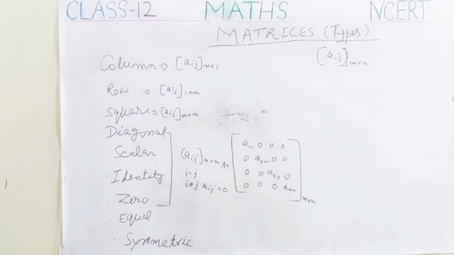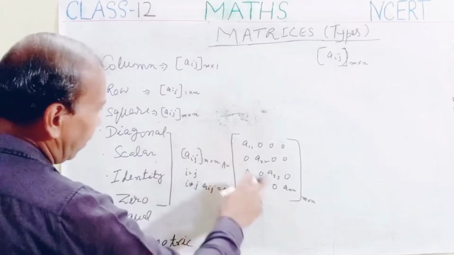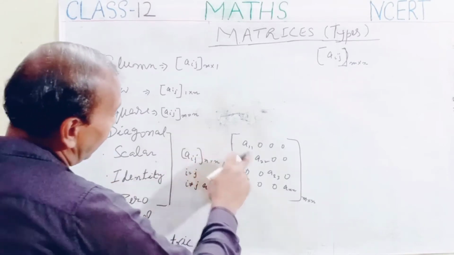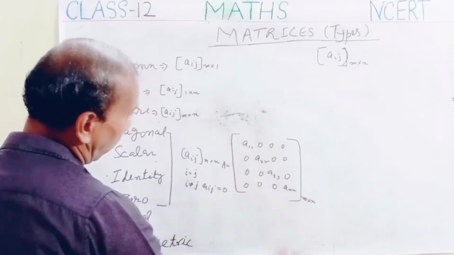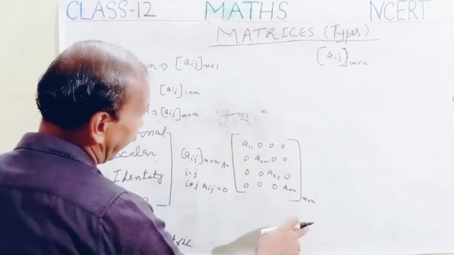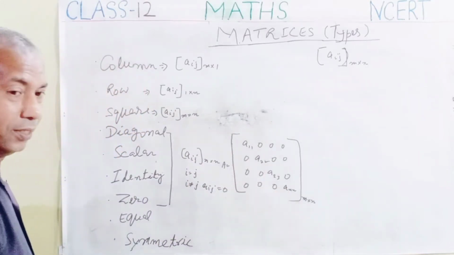What is the scalar matrix? Scalar matrix means if the values on the diagonal are equal, then it is your scalar matrix. Identity matrix: the values on the diagonal are 1. And zero matrix: all values are 0.